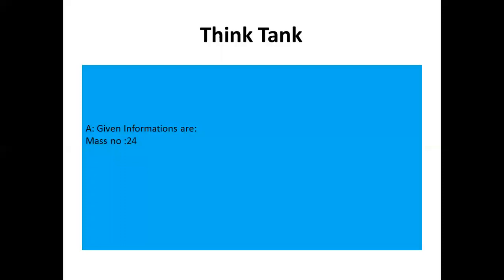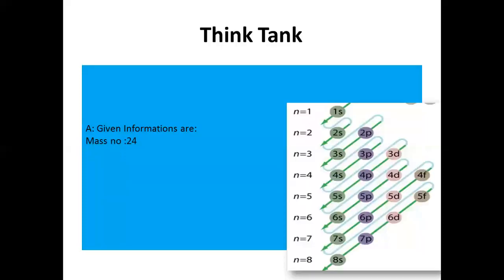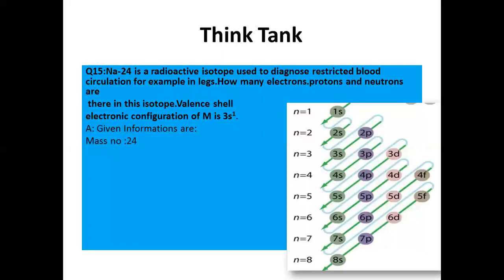Next is Think Tank. Question number 50. Sodium 24 is a radioactive isotope which is used to diagnose restricted blood circulation, for example, in legs. How many electrons, protons, and neutrons are there in this isotope?